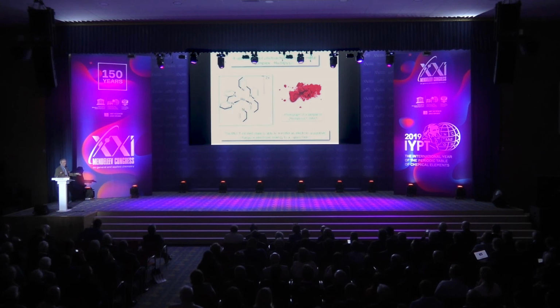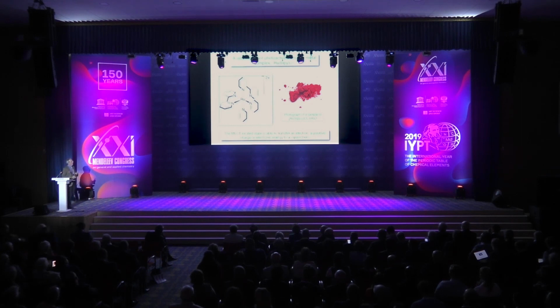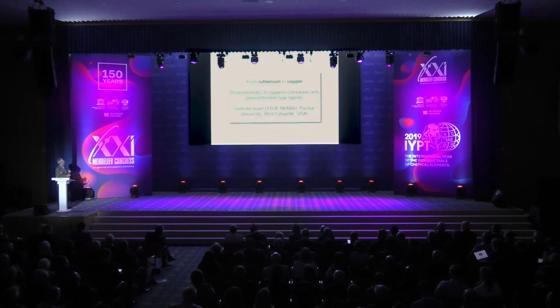Ruthenium is a noble metal, which means that it is very, very expensive. And our project was trying to replace ruthenium by another metal, much, much cheaper. And so we embarked in a project aiming at using copper instead of ruthenium to make very interesting molecules in relation to photochemistry and electron transport.